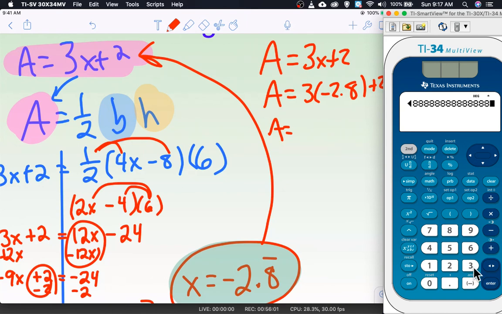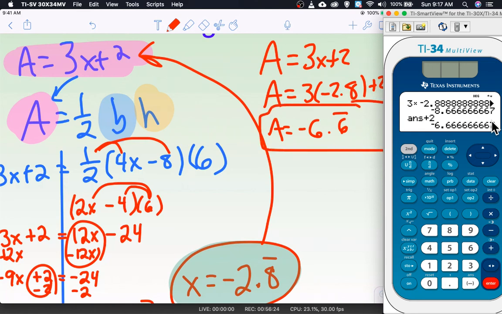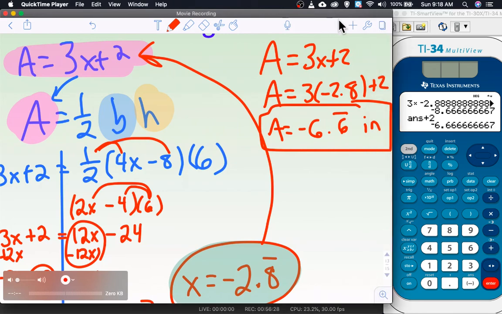Fill your whole screen with 8s. Equals. And then we add 2, we get our final answer. Negative 6.6 repeated. Again, your calculator rounds that last digit. So this is the area, in inches, of the triangle.